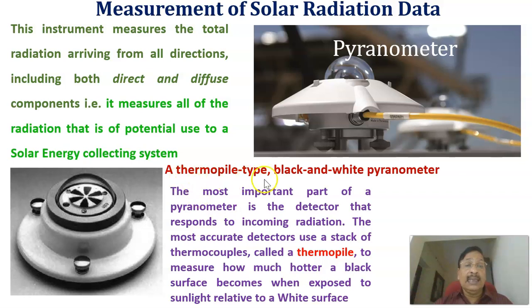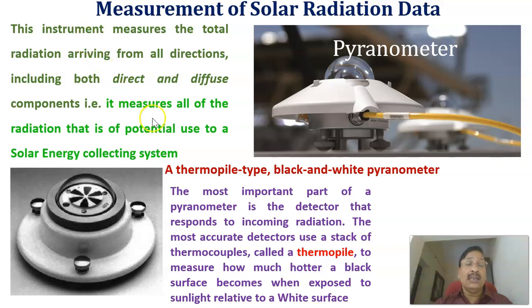A thermopile type black and white pyranometer is shown here. The most important part of a pyranometer is the detector that responds to the incoming radiation. The most accurate detectors use a stack of thermocouples, which we call a thermopile, to measure how much hotter a black surface becomes when exposed to sunlight relative to the white surface.